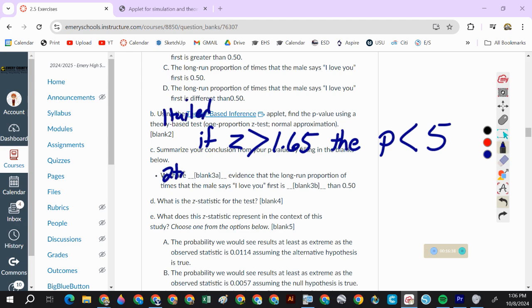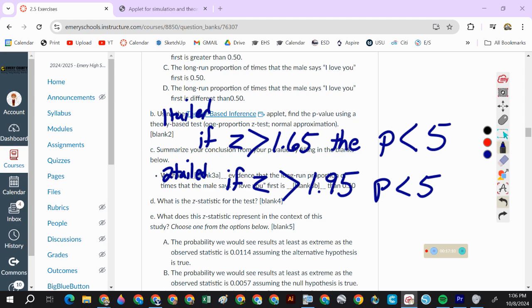And this, again, is a one-tailed test. What if it's two-tailed? How does this sentence change? If z is greater than 1.95, then that means that p is less than 5. And the same is true on the negative side, right? So do we have to double our p-value in a two-tailed test if we're using the theoretical model?